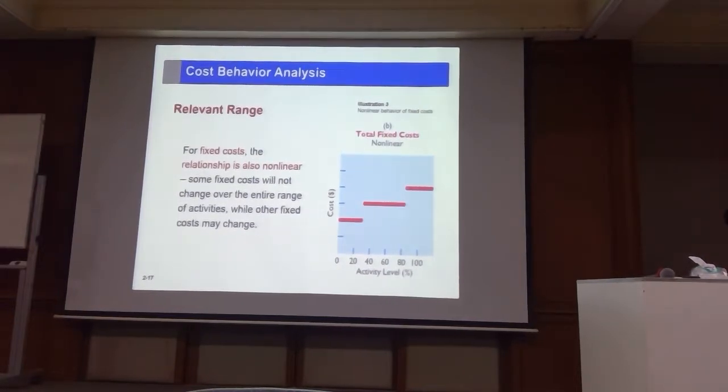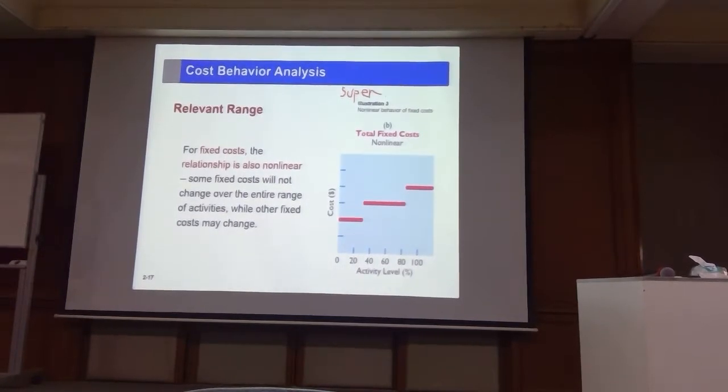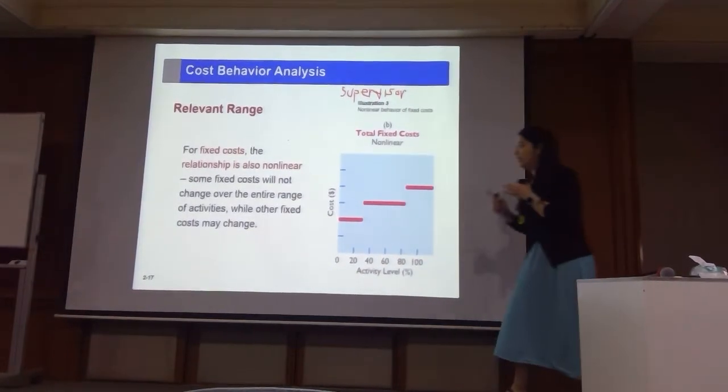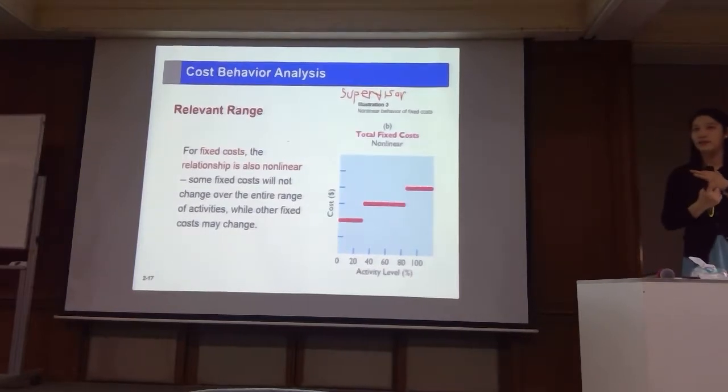Or another example can be the supervisor salary, okay? Let's see, if I write down this one is supervisor, the salary that you pay to the supervisor. Then assume that one supervisor can take care of 10 workers, okay? If you have only 10 workers working in your production line, you may need only one supervisor, right?